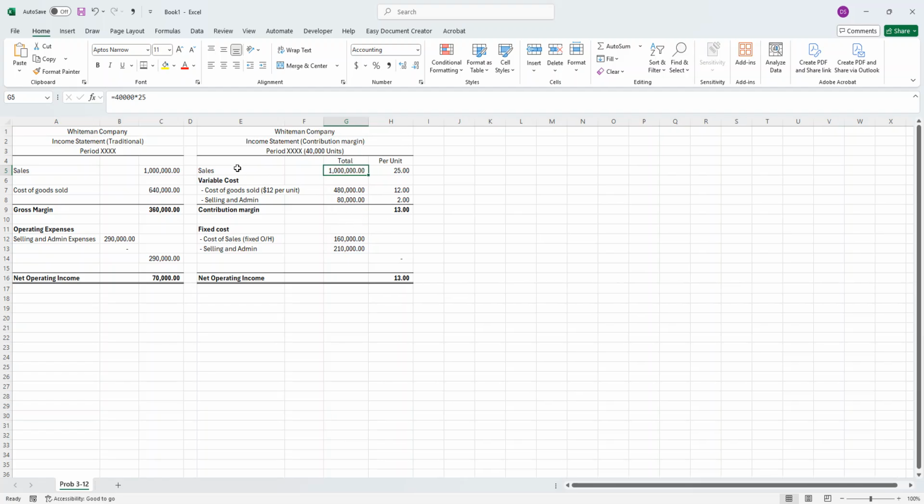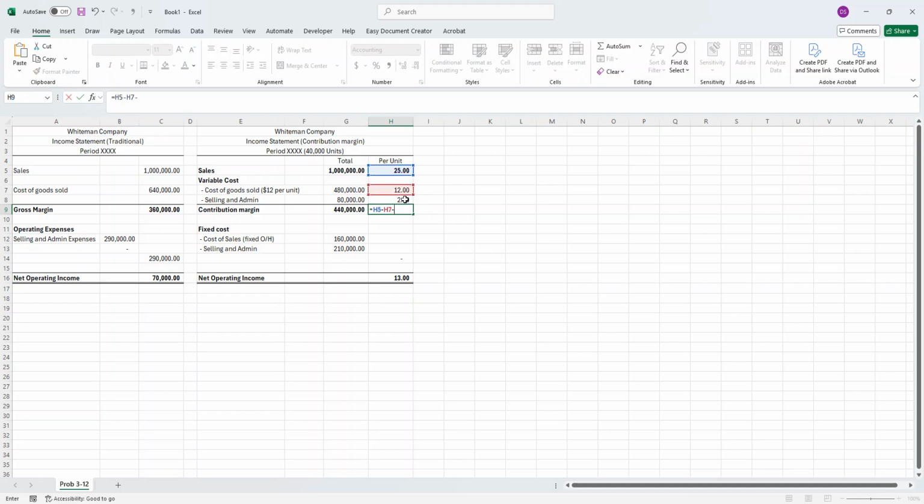So now I know that the company's sales is $1 million, which is $25 per unit. My contribution margin is sales minus my variable cost. I take these two things out, so it is 440,000. So now I also need to do a contribution margin per unit. That one also is taking my sales minus my variable cost, 12 plus 2 is 14.